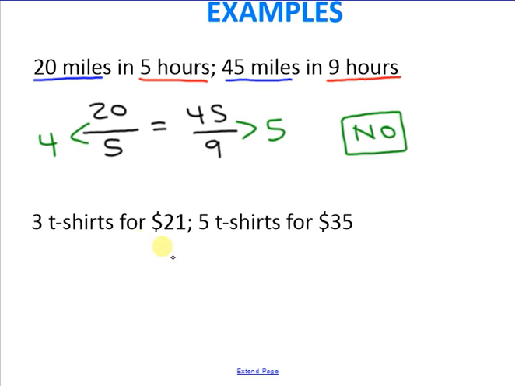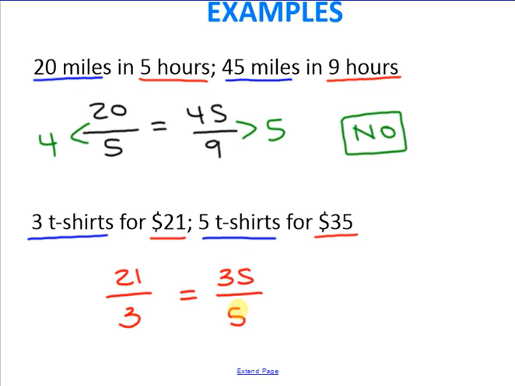All right, so the next problem here, I have 3 t-shirts for $21, and then I have 5 t-shirts for $35. Now, whenever I'm dealing with money, money always goes on top. So I'm going to have $21 over 3 t-shirts equals $35 over 5 t-shirts.